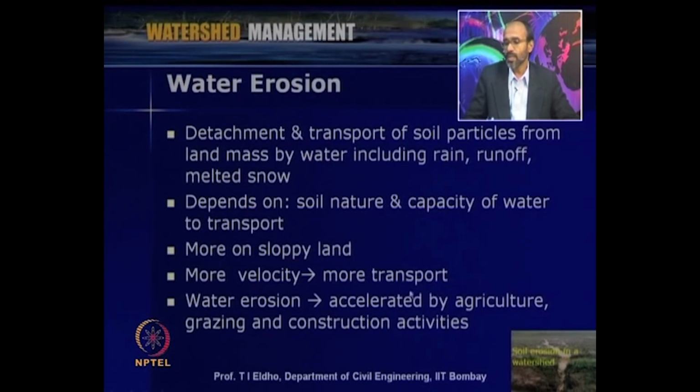We can see that water erosion is also accelerated by agricultural activities, grazing and construction activities as far as the watershed is concerned. So, on a watershed basis, water erosion can be increased by agricultural activities, and also grazing and other activities like quarrying within the watershed.